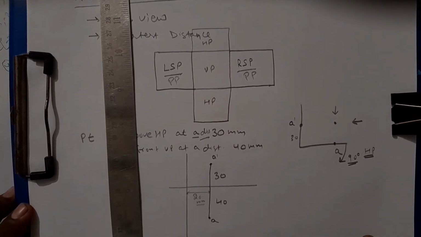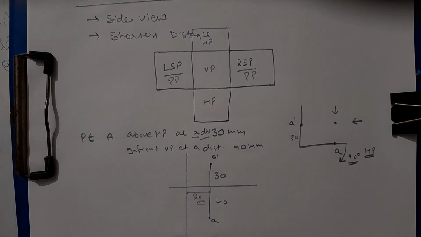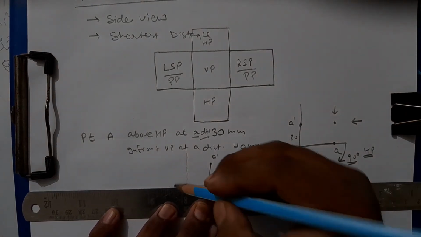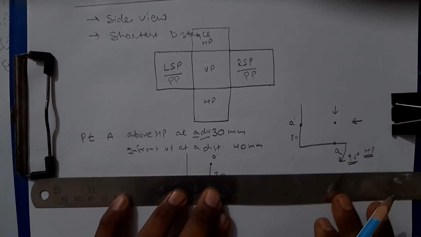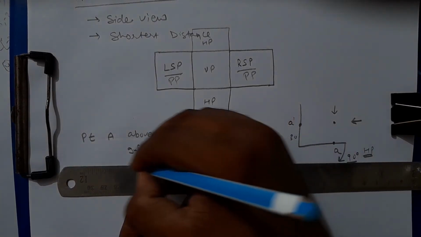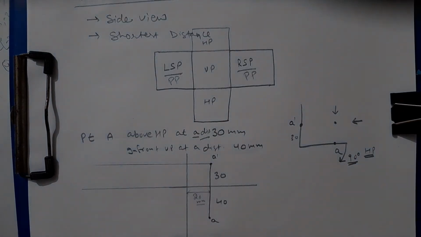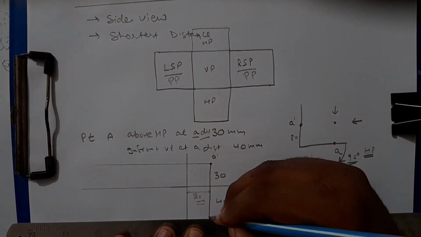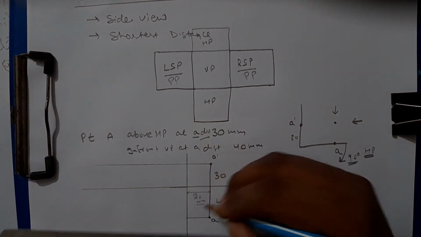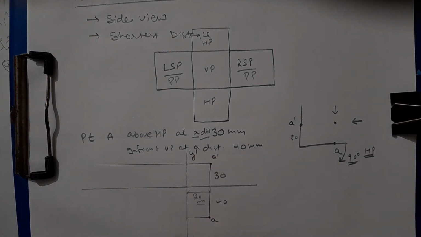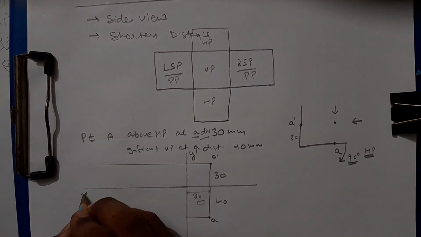Now, to find out the shortest distance or the side view, we need to project a horizontal line from A dash, that is the front view. Second, we need to plot a horizontal line from the top view till the line joining the vertical plane and profile plane.